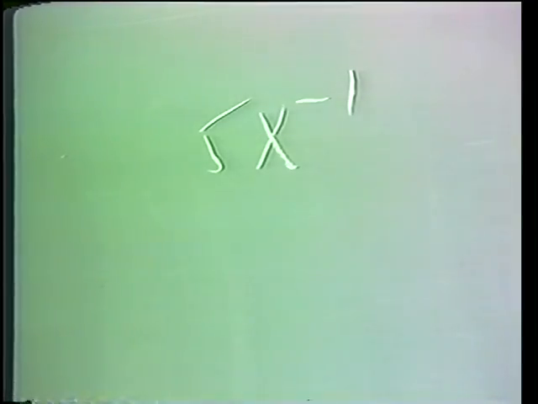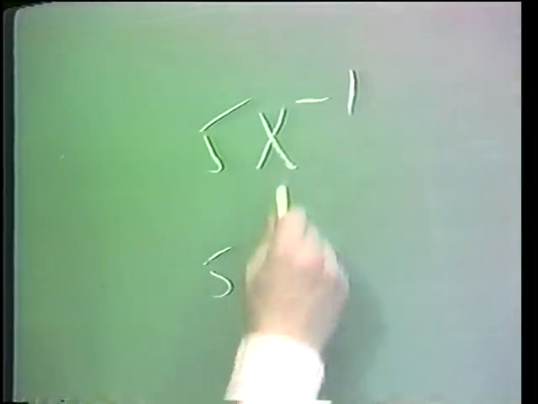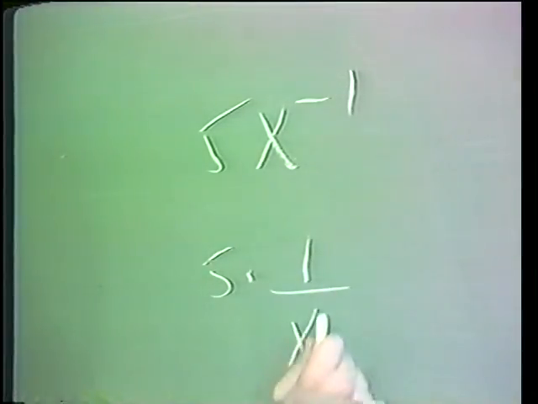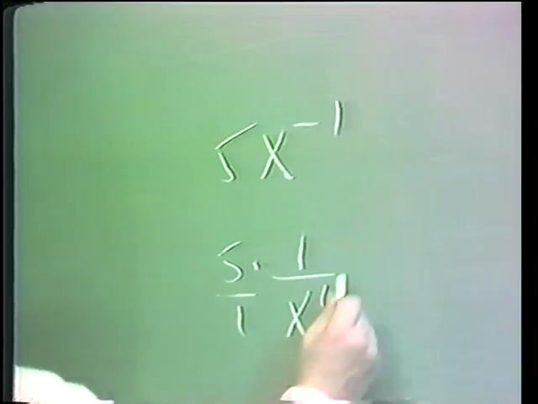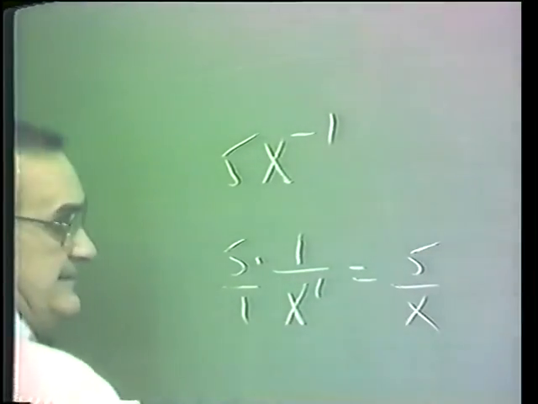Very good. The most common mistake students make here is they'll put the whole thing over 1. They'll write 1 over 5x. Only the x has the negative exponent. So we want to get rid of negative exponents. We have 5 times x to the negative 1 becomes 1 over x to the positive 1, which is 5 over x, as Tony says.